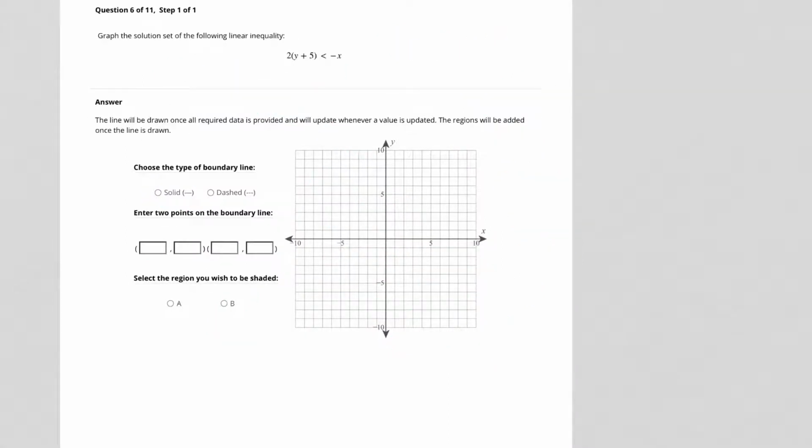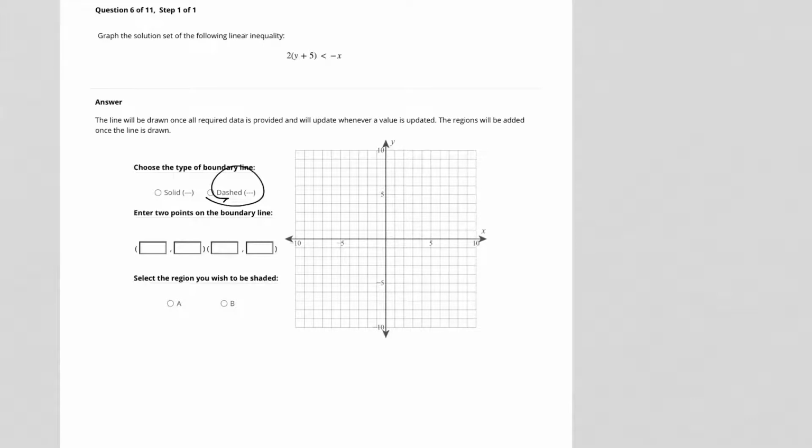For this one, we have 2 times y plus 5 less than negative x. I'm going to go ahead and determine whether I have a solid or dashed line. And in this case, less than is dashed. And then I am going to go ahead and find 2 points that would be on the line.